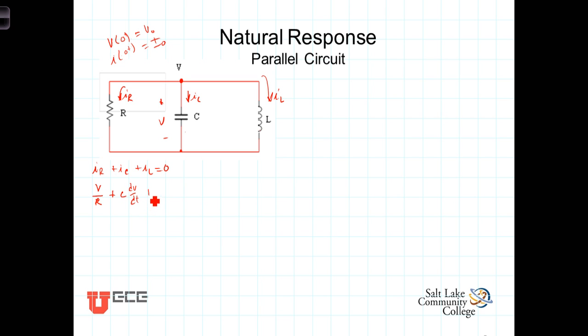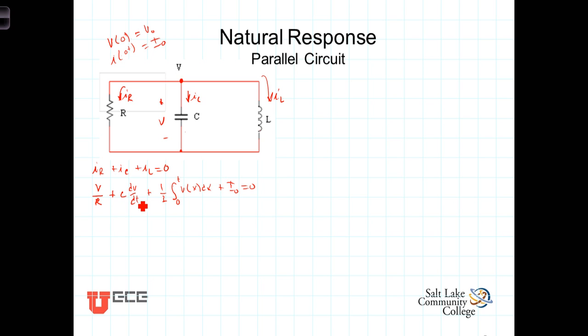And then the current through the inductor as a function of the voltage is equal to 1 over L times the integral from 0 to t of V of x dx, plus some initial current. The sum of those terms must equal 0. This type of equation is known as an integro-differential equation. It has both integrals and derivatives present.